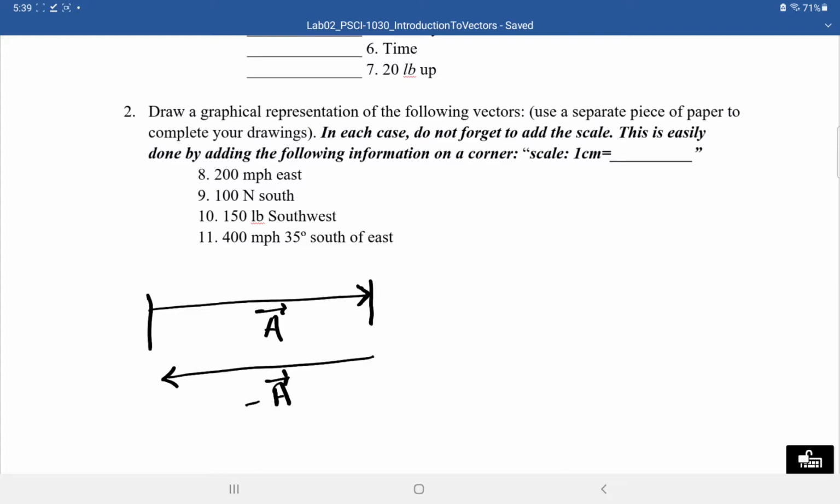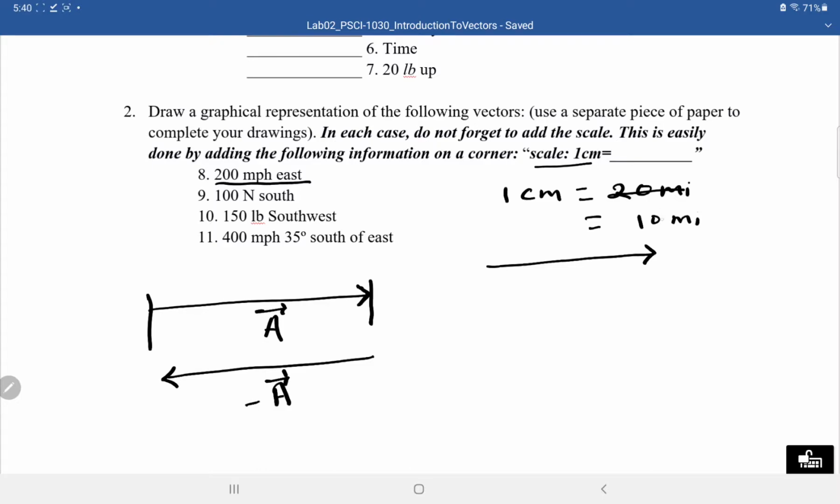Now in this question, we are just drawing vectors given here, like 200 miles per hour east. So direction is given here. You can set up a scale, for example, 1 centimeter equal to 100 miles, right?